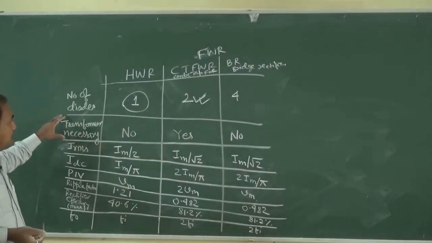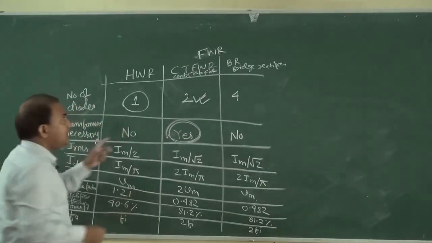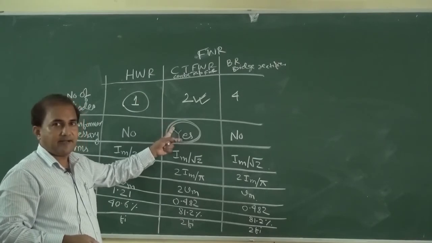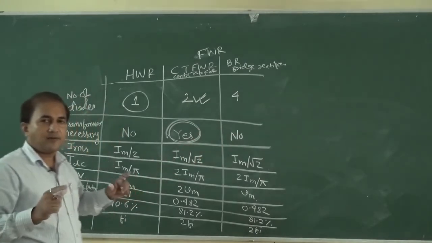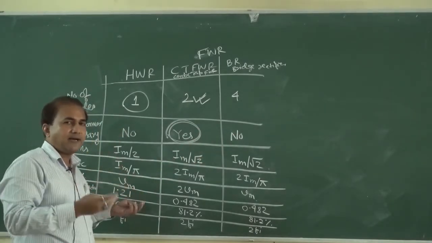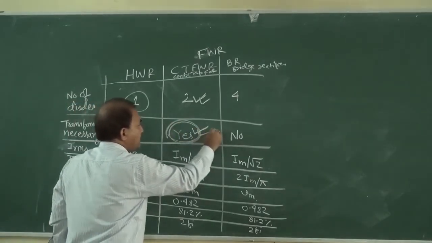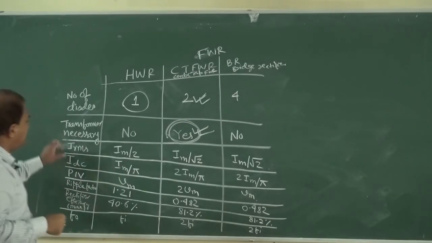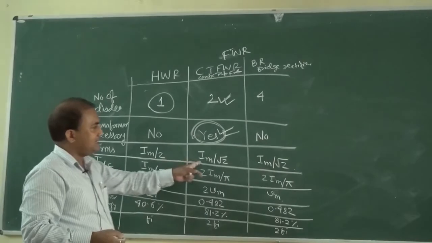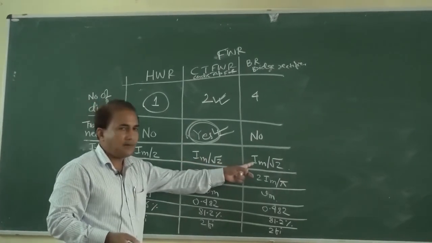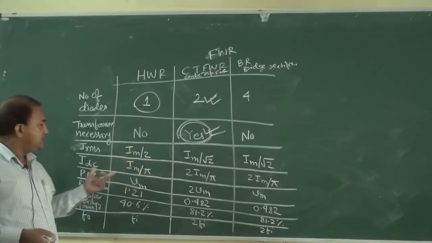Then, the transformer is very essential only in case of center tap full wave rectifier. In half wave rectifier and in bridge rectifier, a transformer may or may not be required. IRMS you can see here is Im by root 2, Im by root 2, Im by root 2, and here it is Im by 2 for a half wave rectifier.